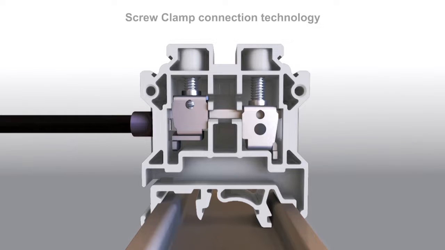Nowadays, screw terminal blocks do incorporate some kind of locking features, because screws can loosen up over time due to shock and vibration. Some of these locking features guarantee a safe connection and also prevent the screw from loosening or opening up.